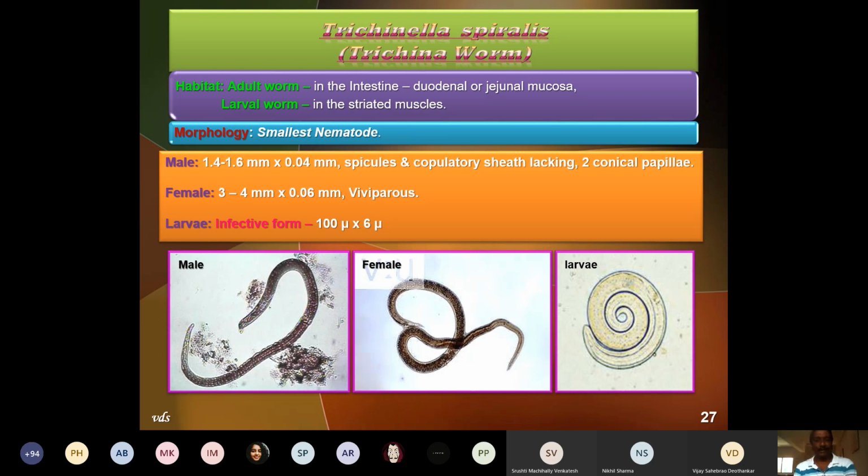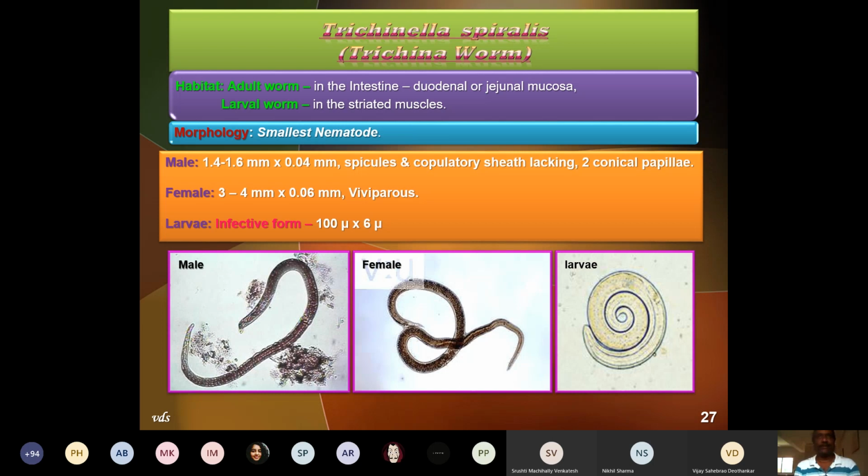For human beings, the larval form is present in the striated muscle of the infected host. And how does man get infection? Man gets infection with the consumption of undercooked meat of certain animals which act as the host of this parasite, usually the pigs.